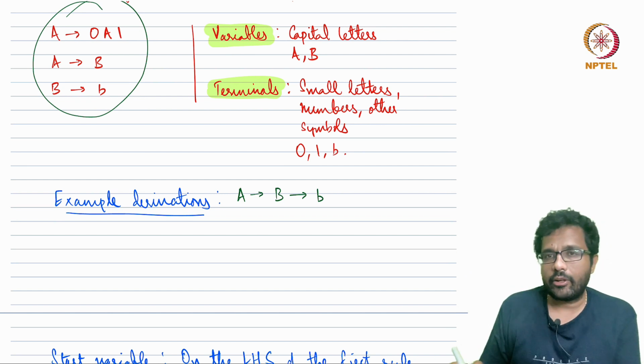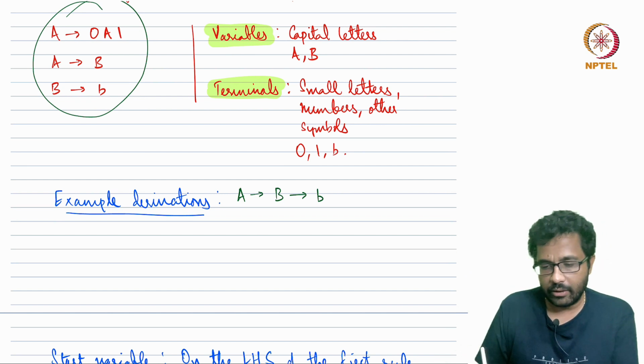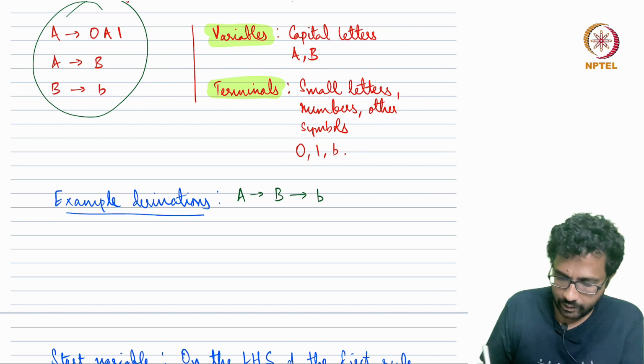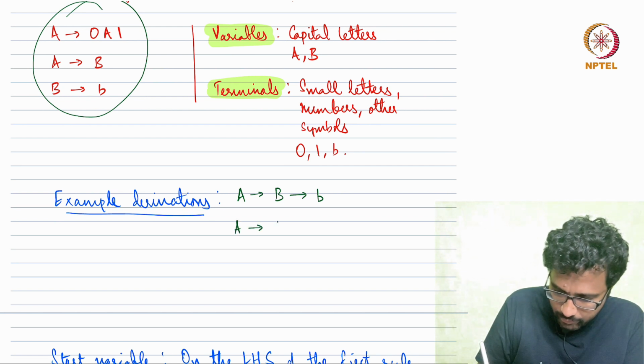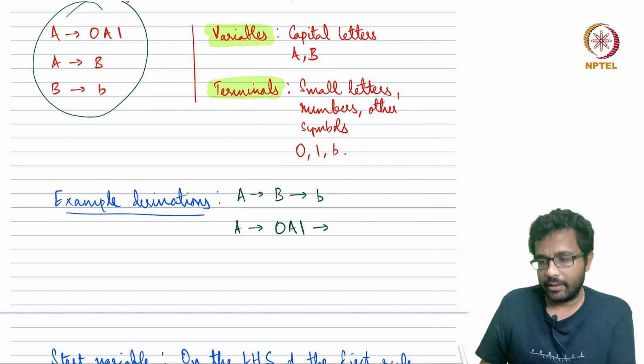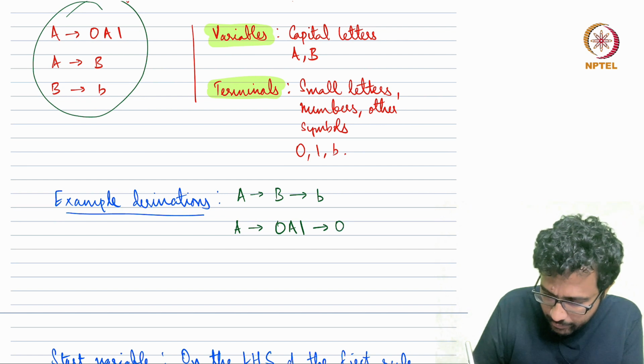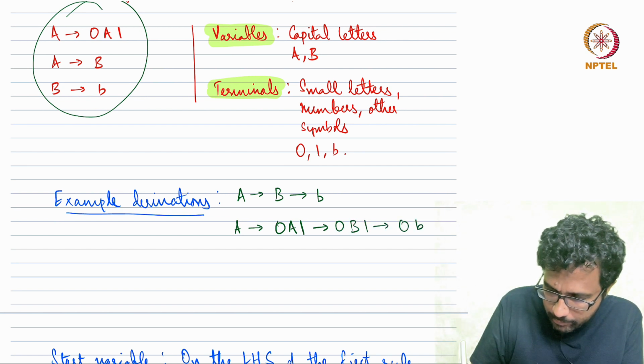Now you cannot do anything with small b because it is a terminal. Another possibility is A yields 0A1. Now 0 and 1 are terminals, but A you can again replace with B, and B again you can replace with small b.